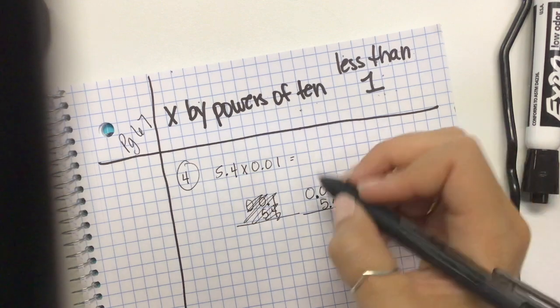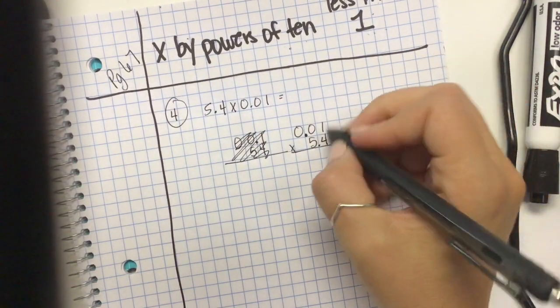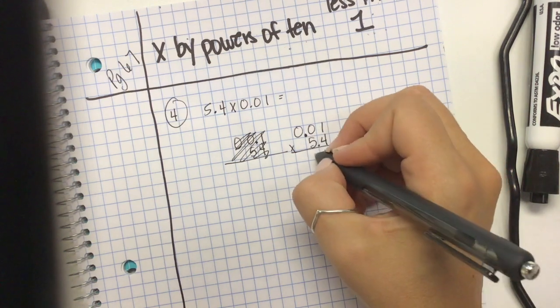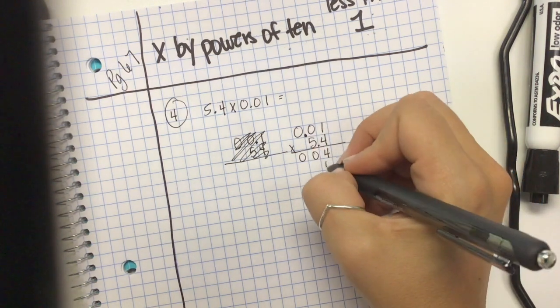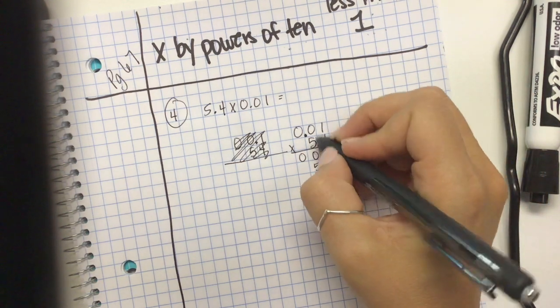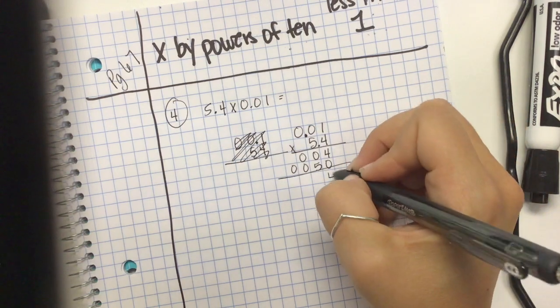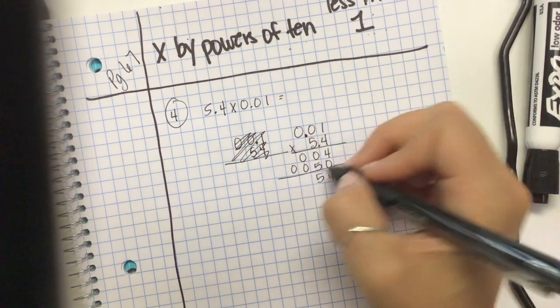Okay, sorry about that, guys. So 4 times 1 is 4, 4 times 0 is 0, 0, and then we move to the second decimal. 5 times 1 is 5, 5 times 0 is 0, 5 times 0 is 0. So we end up still having 54, right?